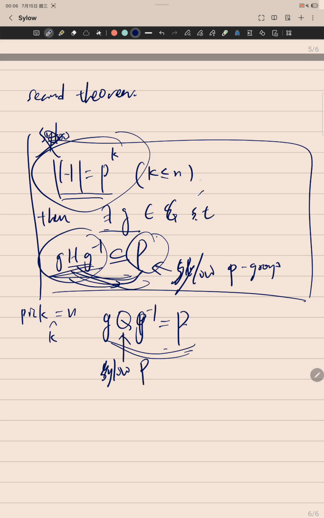Actually, this is true for all Sylow p-subgroups. If you take any p-group and any Sylow p-subgroup, there is always some element you can conjugate by to land inside the Sylow p-subgroup. If you take H to be another Sylow p-subgroup, then you prove they are always conjugate to each other. This proof is very interesting.